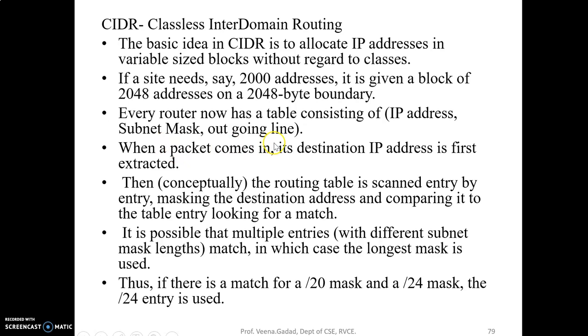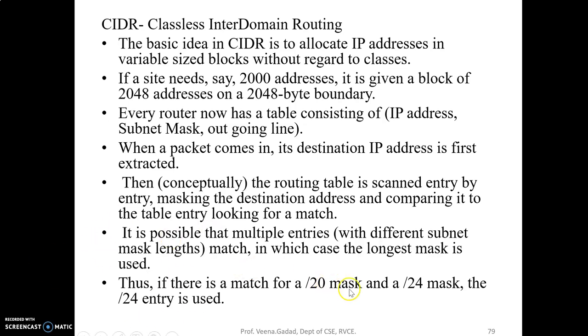to. So when a packet comes in, its destination address is first extracted, then the routing table is scanned entry by entry, masking the destination address and comparing it to the table entry looking for a match. It is possible that multiple entries with different subnet mask lengths might match, in which case the longest mask is used to send the packet to the appropriate destination.